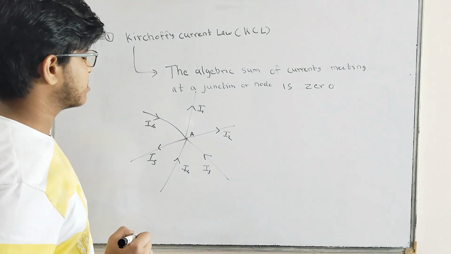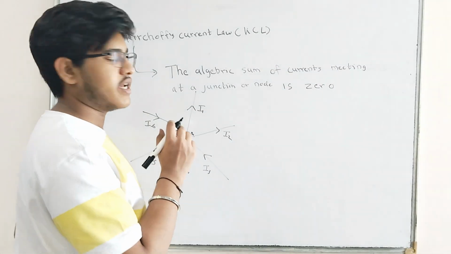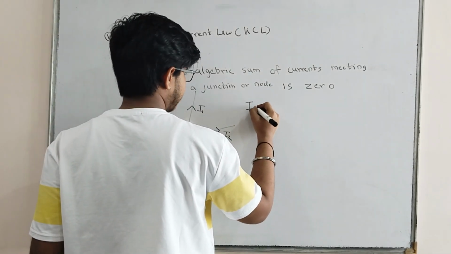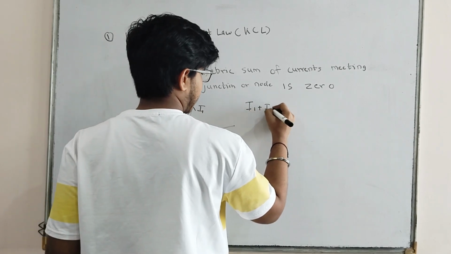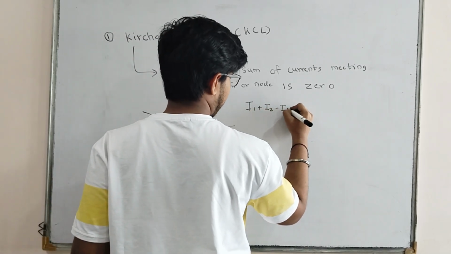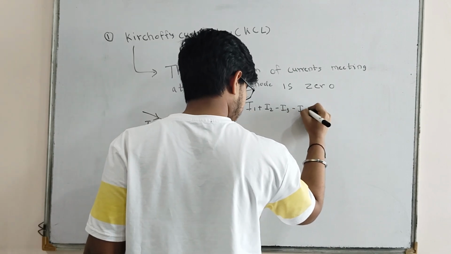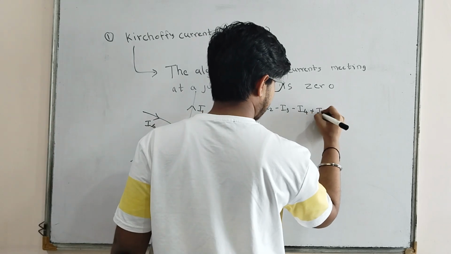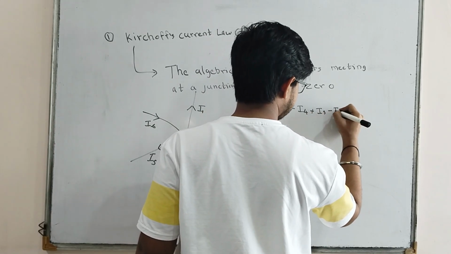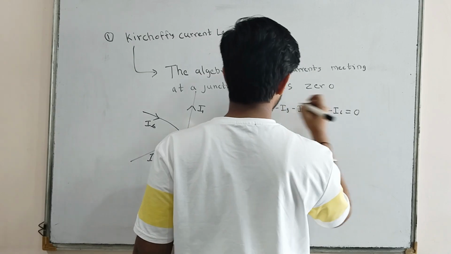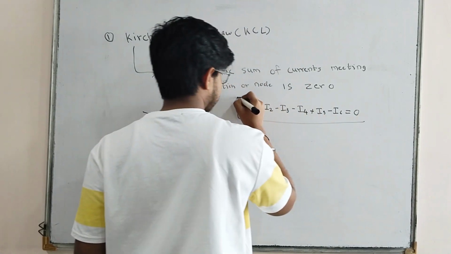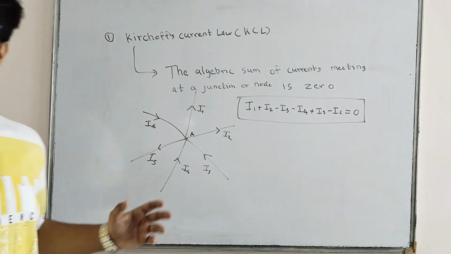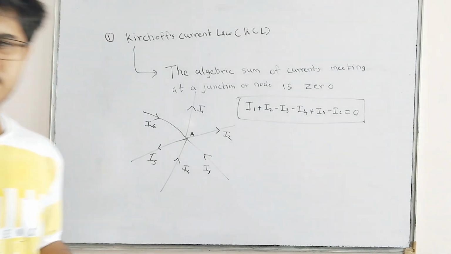Now consider currents going away from point A to be positive. So by KCL, I1 plus I2 minus I3 minus I4 plus I5 minus I6 is 0. This is the final result of Kirchhoff's law. This has a huge application when we solve sums.